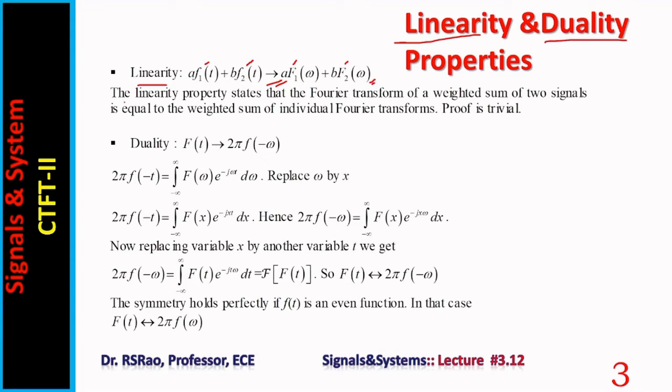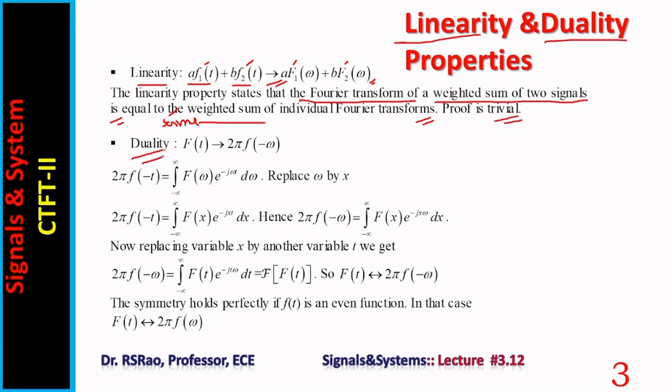In word form, linearity property can be stated that the Fourier transform of a weighted sum of two signals is equal to the same weighted sum of individual Fourier transforms. Proof is so simple, it's trivial.